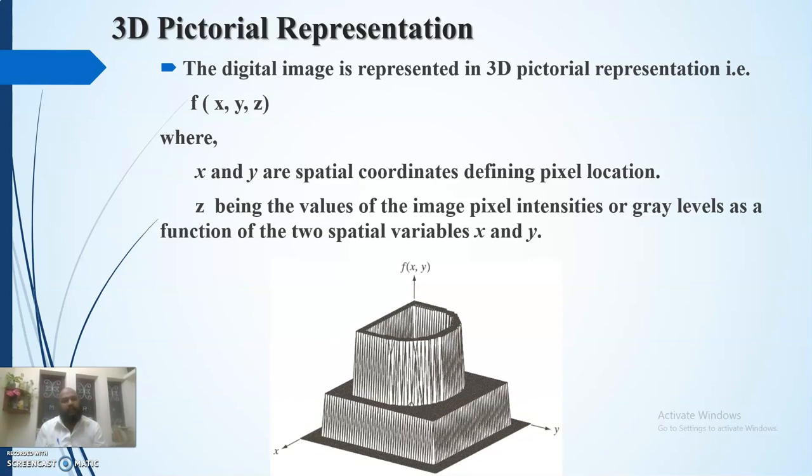Here the x and y are spatial coordinates defining pixel location, and z is the value of the image pixel intensity. Otherwise we can say it refers to the gray level of the pixel at that particular location. In this way we can represent a 3D image, so we call it 3D representation.